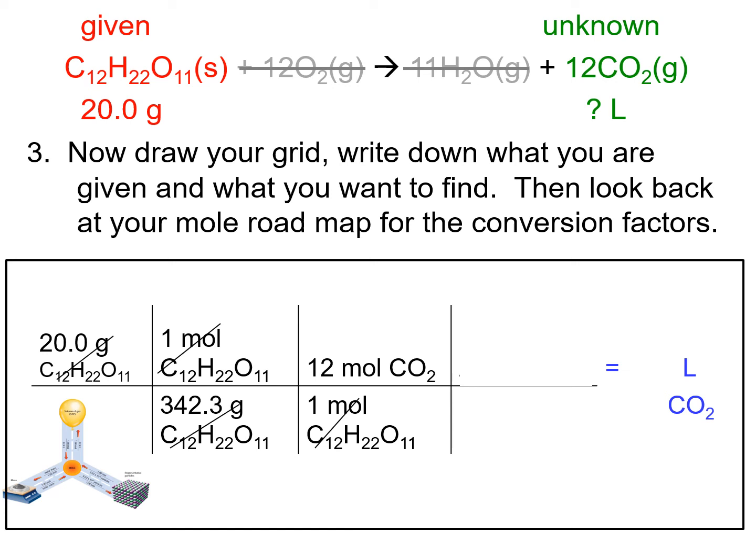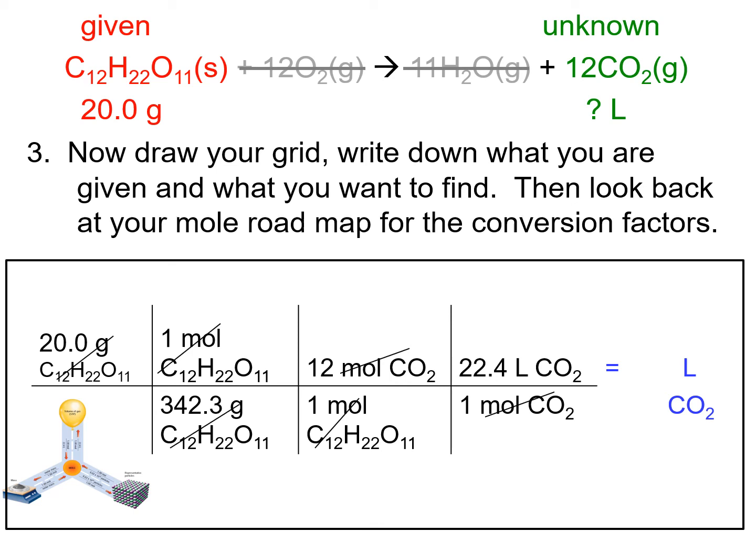Now that I have moles of carbon dioxide, I can change it to liters by multiplying by 22.4 liters over 1 mole, since this question specifies that we want STP, standard temperature and pressure. Moles of carbon dioxide on top and bottom will cancel.